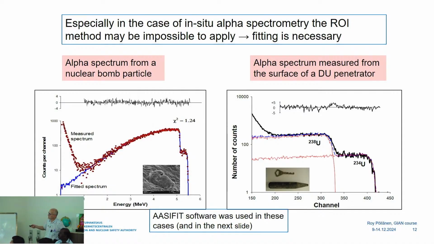It was obtained from this depleted uranium penetrator. This ammunition was used in the Gulf War. So it's quite difficult, but it is possible to determine the activity ratio.